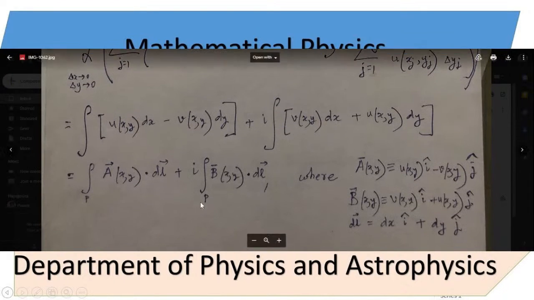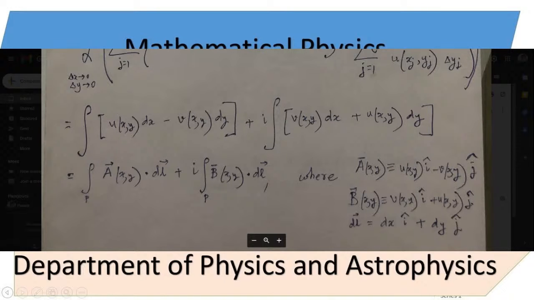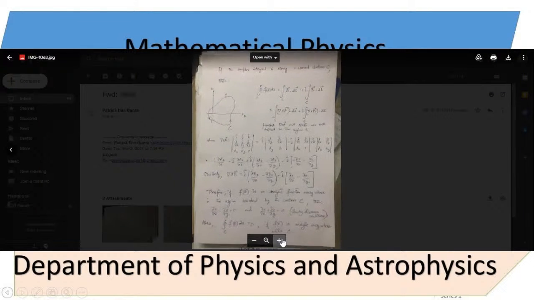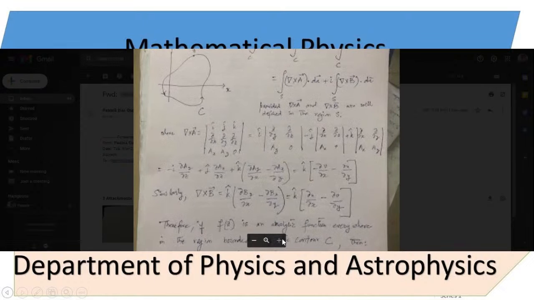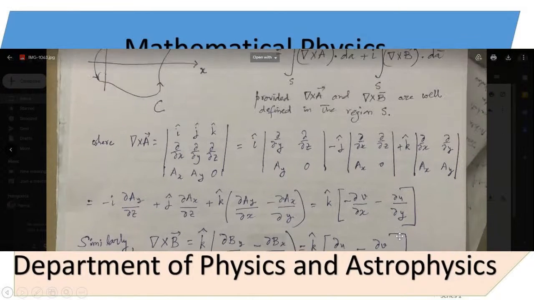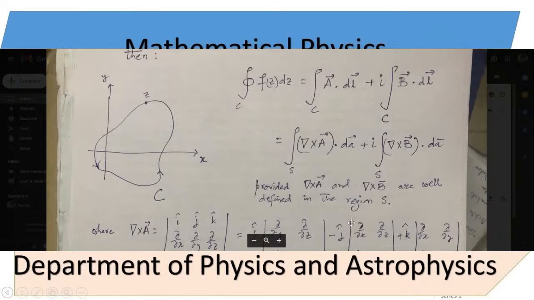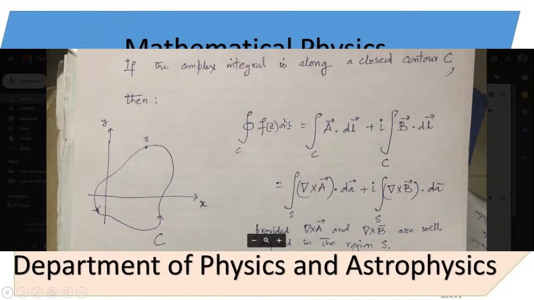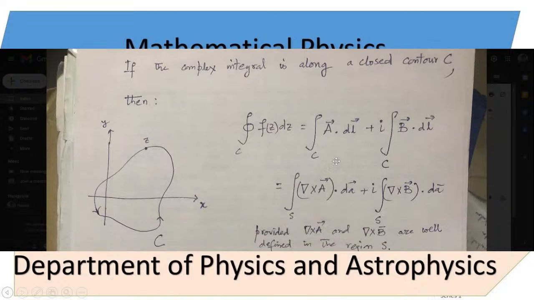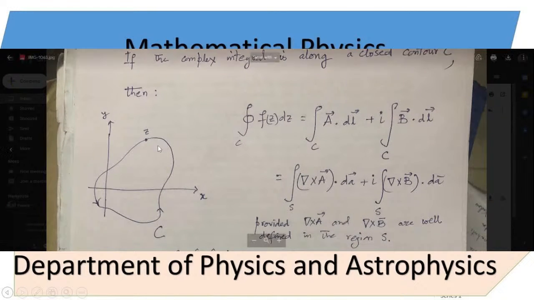Now, supposing this path is a closed contour, if you are integrating over a closed path, now consider the path to be a closed path, like this, let's say.